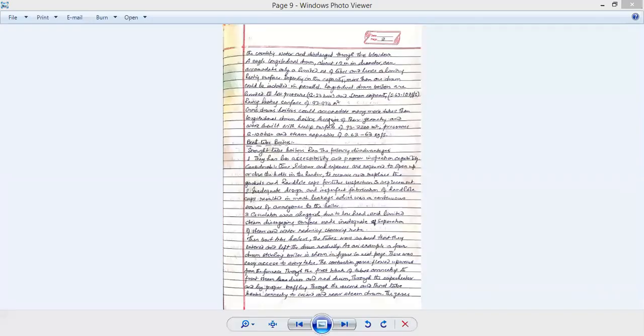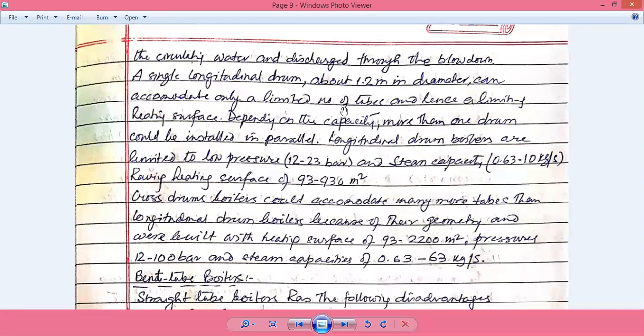Now, what happens here? The circulating water is discharged through the blowdown. A single horizontal drum about 1.2 meters in diameter can accommodate only a limited number of tubes and hence a limited heating surface.